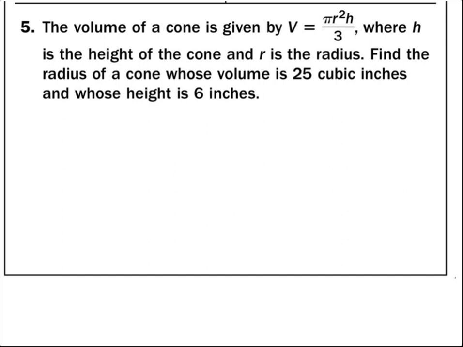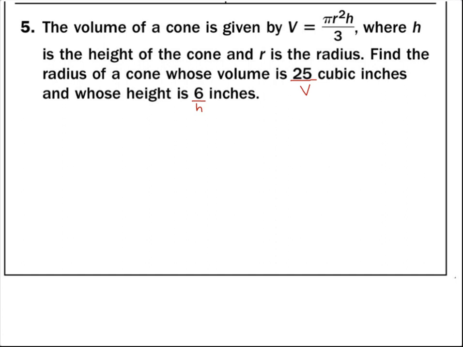This is a great problem, a little bit complicated, but I think you could probably manage your way through, at least getting started. The volume is 25, so V is 25, and the height is 6, so h is 6. That's meant to indicate that V is 25 and h is 6. I'm sorry, we're not dividing.